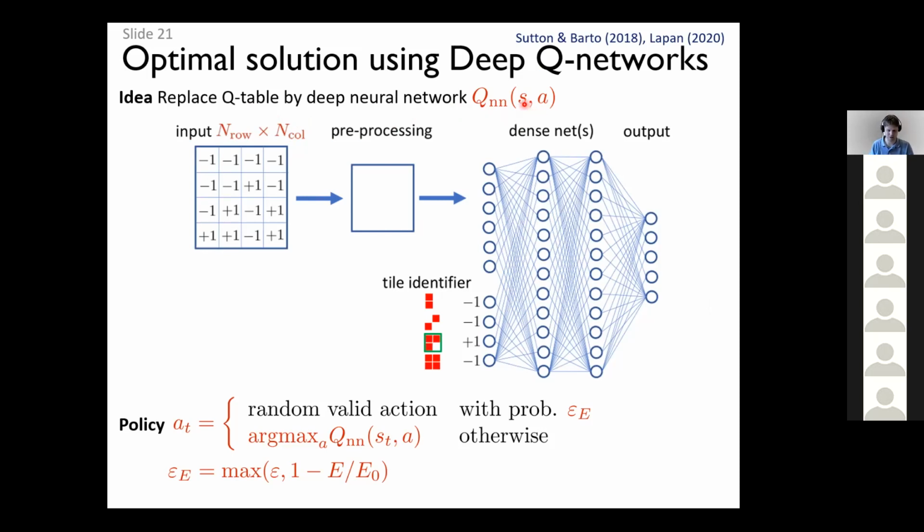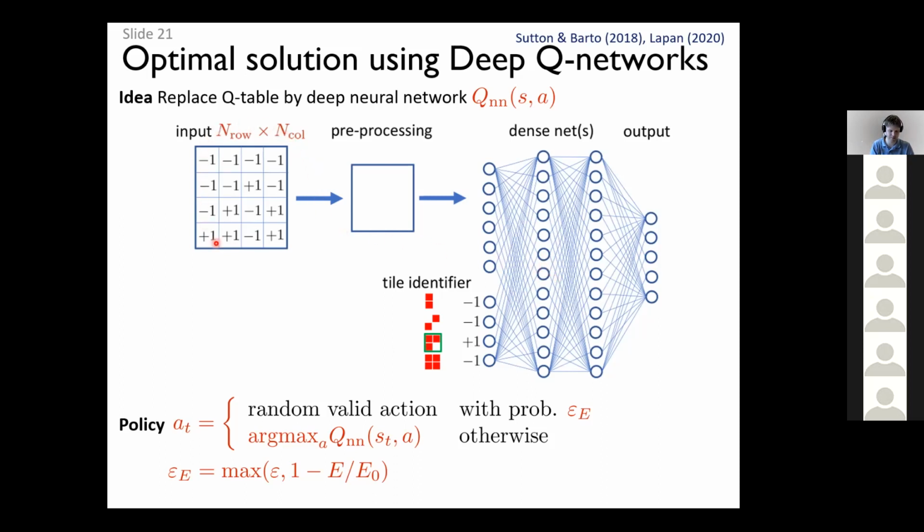So in the Q table, given a state, you look at the corresponding row in the Q table or column in the Q table, and look at the entries corresponding to each action. So that's just a list of the Q values. Another way to get the same effect is to use a neural network as a lookup.